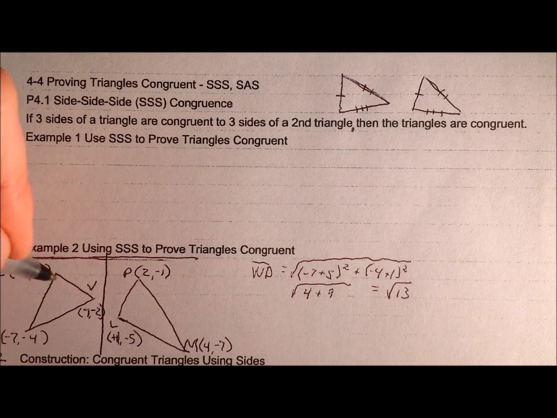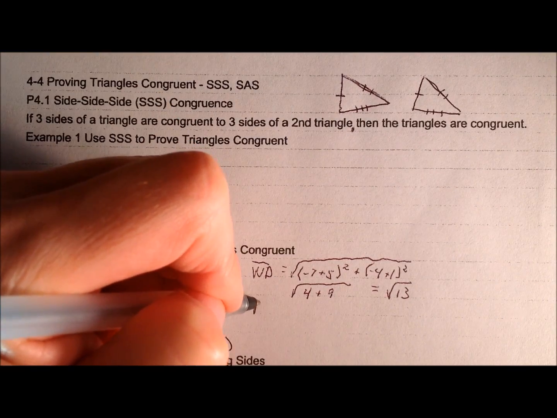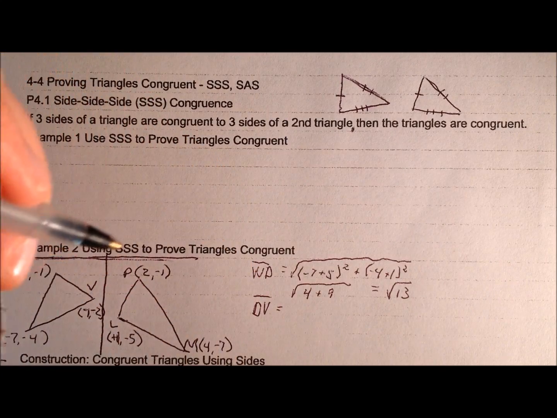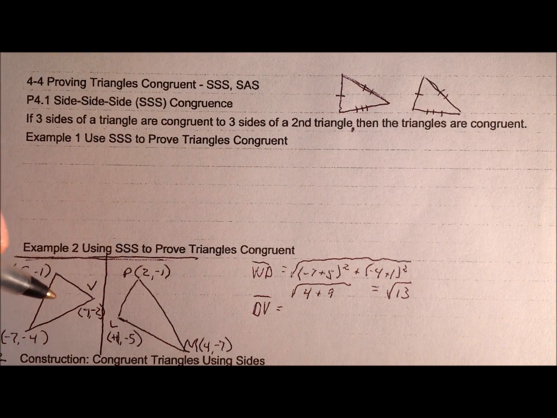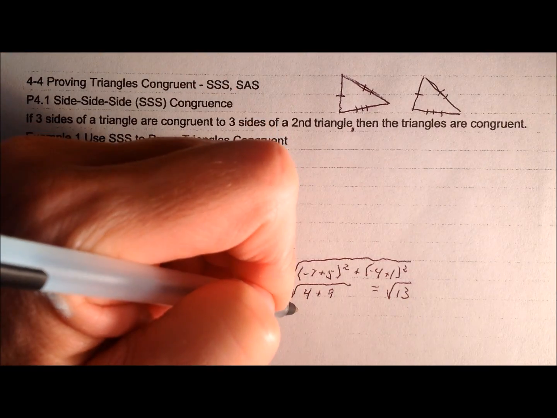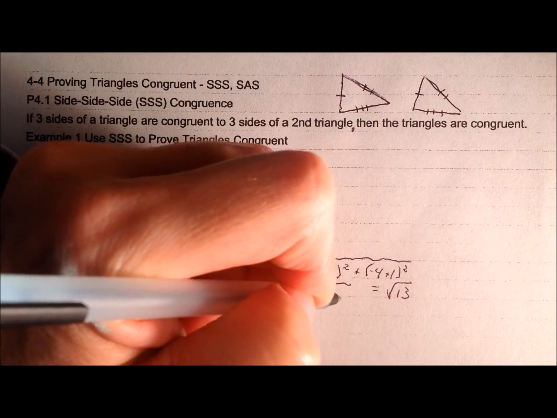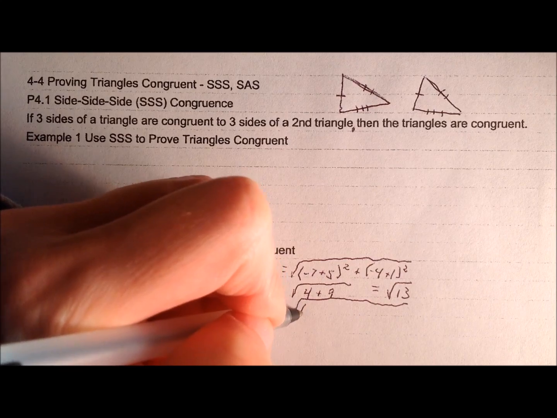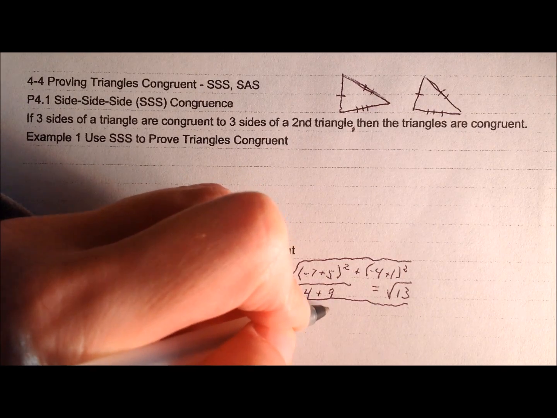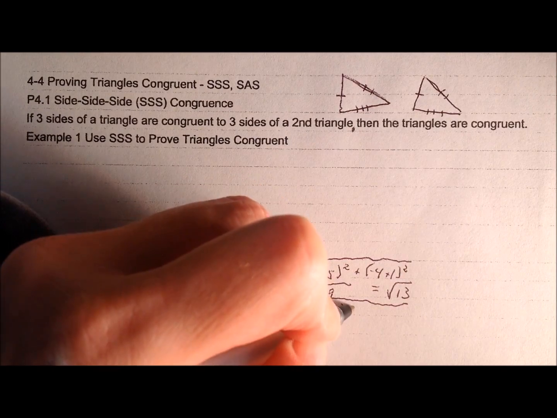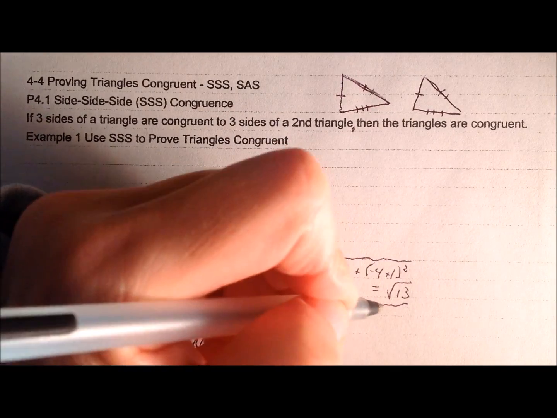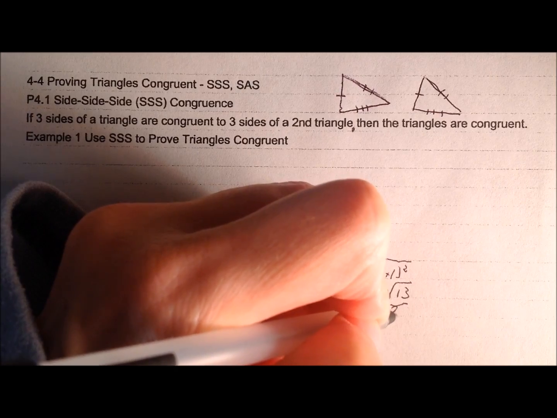Next, we'll look at segment DV and find its length. So here we have -5, -1, and this is -1, -2. So once again, using that distance formula, we'll have -5 plus 1 squared plus our -1 plus 2 squared.